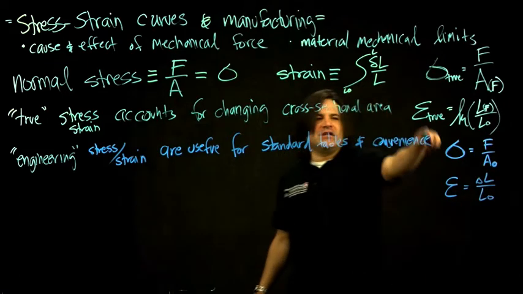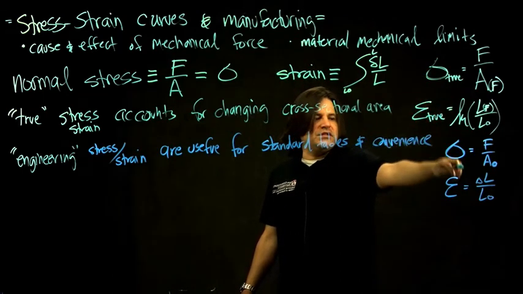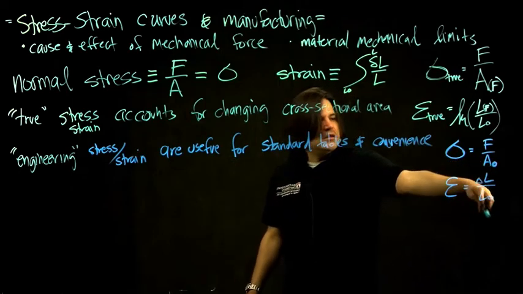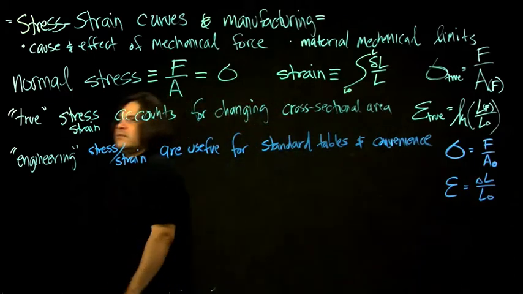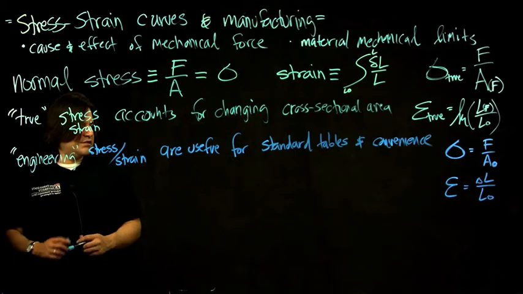So true is actually keeping track of the more detailed, more general physics. This is just more convenient, where we normalize by the initial area and the initial length that we have of this material before it undergoes these stresses and strains.